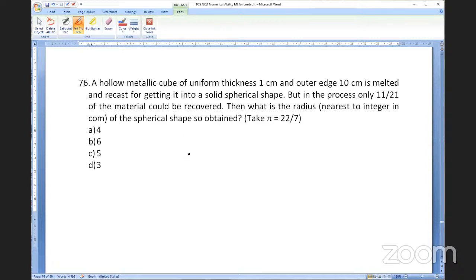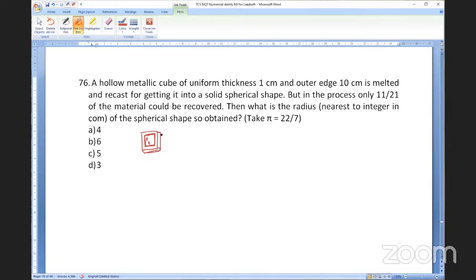Okay, let's see. A hollow metallic cube of uniform thickness and outer edge 10. We look here, thickness is only 1. That means on both sides, we need to deduct 1 to get the volume of the inside hollow part. That would be 8. It is melted.